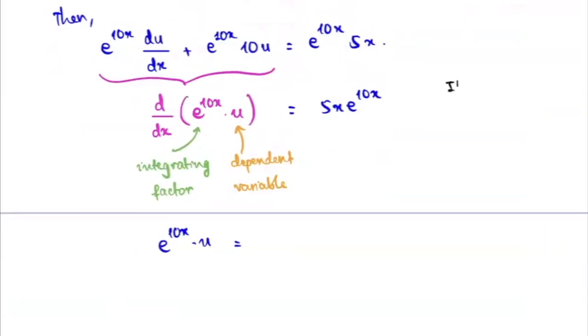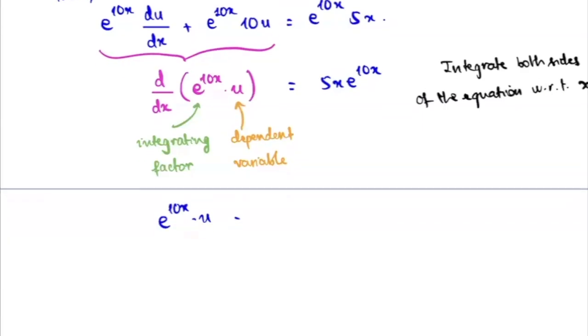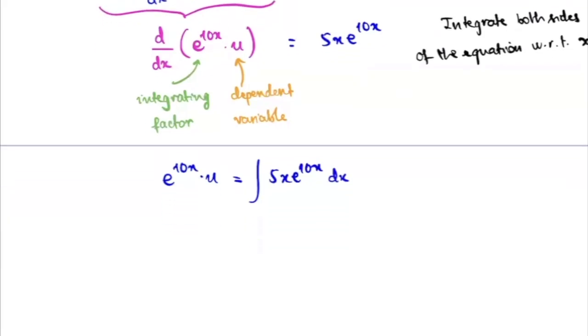Then integrate both sides of the equation with respect to x. Therefore the left-hand side is e to the 10x times u, equal to the integral of 5x times e to the 10x dx. The right-hand side, you can use integration by parts to solve.